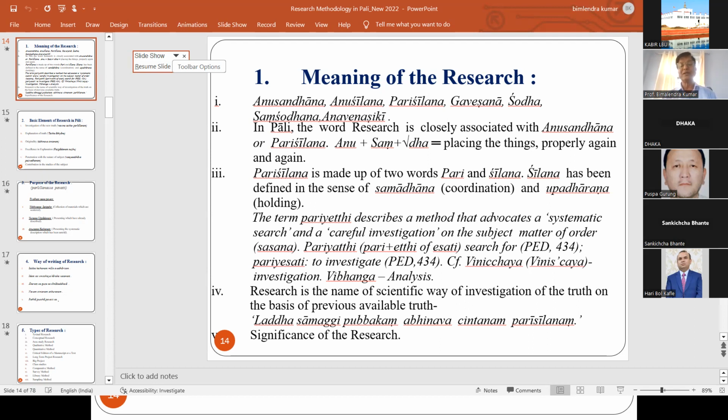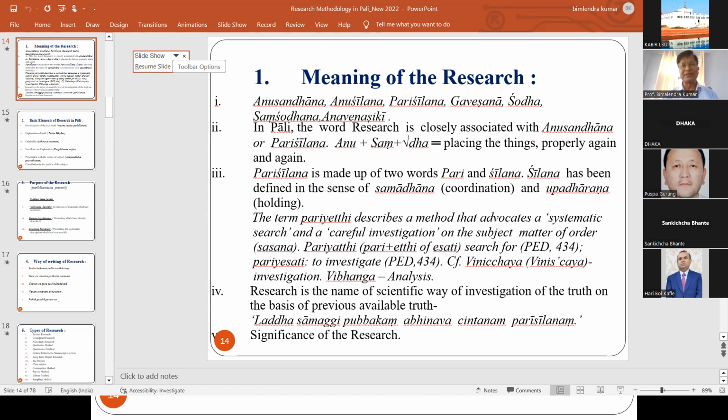But coming to our terms here, anusilana and parisilana, there are two terms which are related with the coordination of the research materials which you are gathering or collecting from different sources, from primary sources or secondary sources.